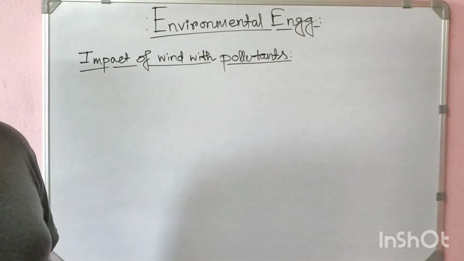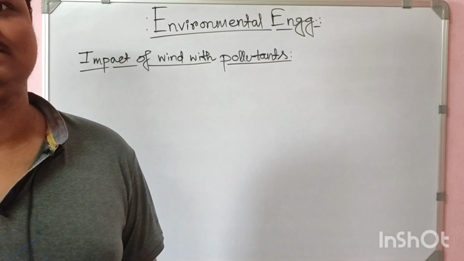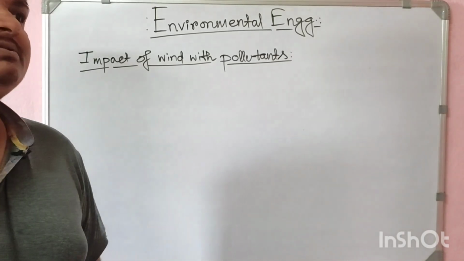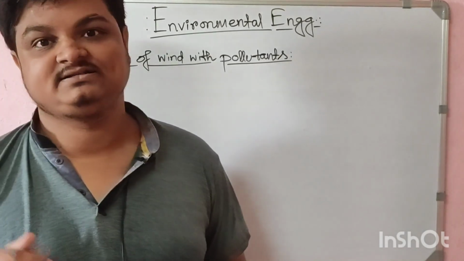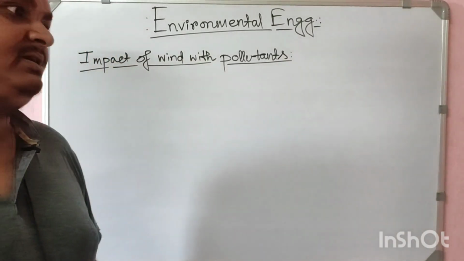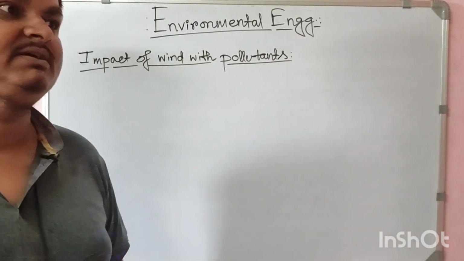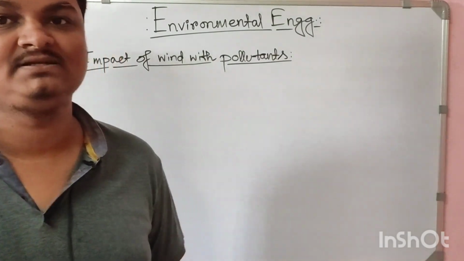Don't get confused with the word environmental. It is the surroundings air. When the temperature of this hot air gets satisfied, it stops rising. After that, the total rate with the height, that lapsing rate, is called adiabatic lapse rate.